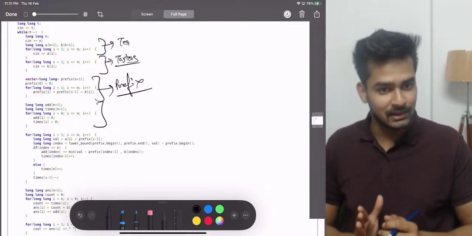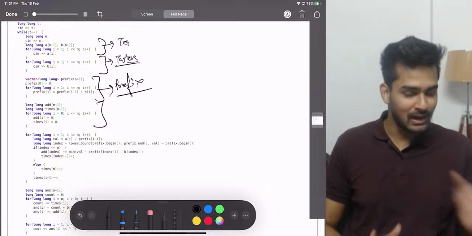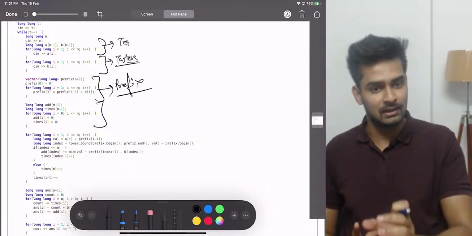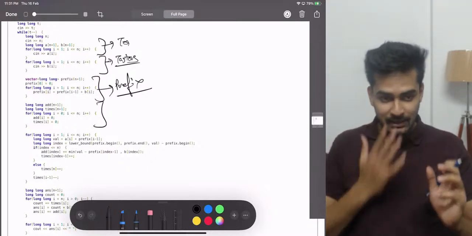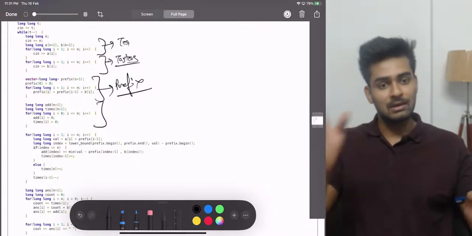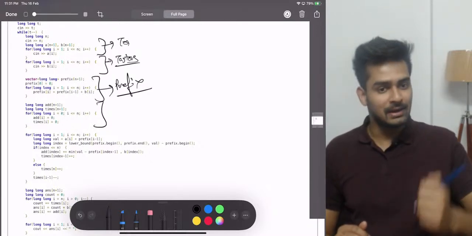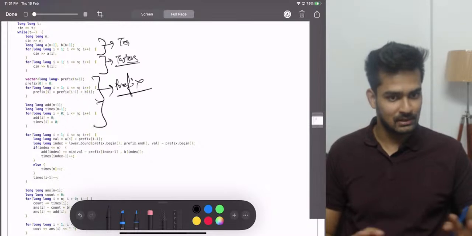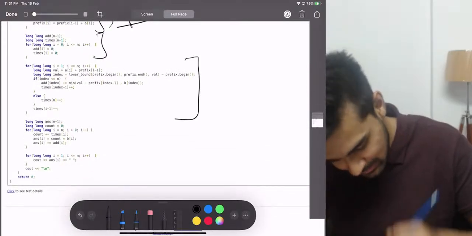Add is containing the last index till which the ith index was able to go and how much value this last index was able to consume from the ith t. I'll again repeat. Add array contains how much t this index is able to consume from the ith index. Times is nothing but how many times this ith index is being consumed. That's it.